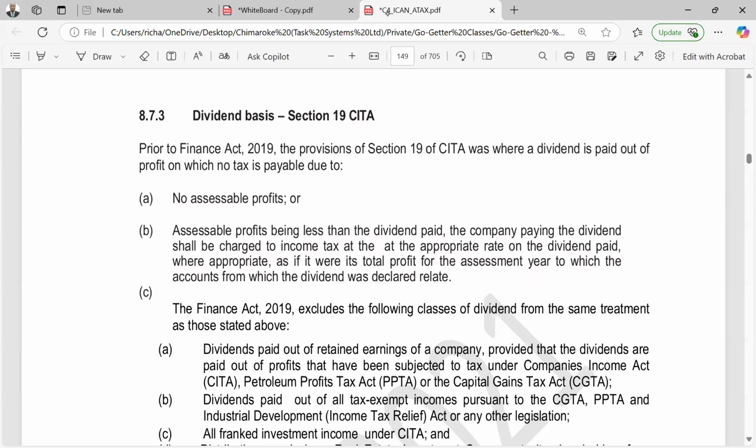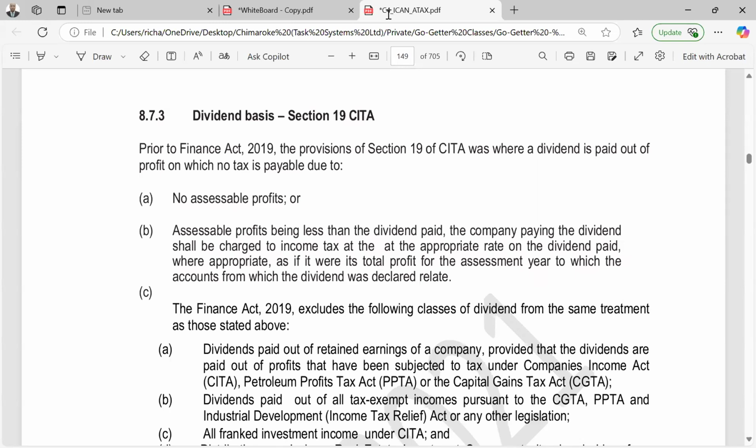You don't have a profit. You are paying dividends. You don't have accessible profit, but you are paying dividends. Or you have accessible profit, but the money you are paying as dividends is bigger than that of accessible profit. So the company is going to pay tax on the dividends that they are paying out.